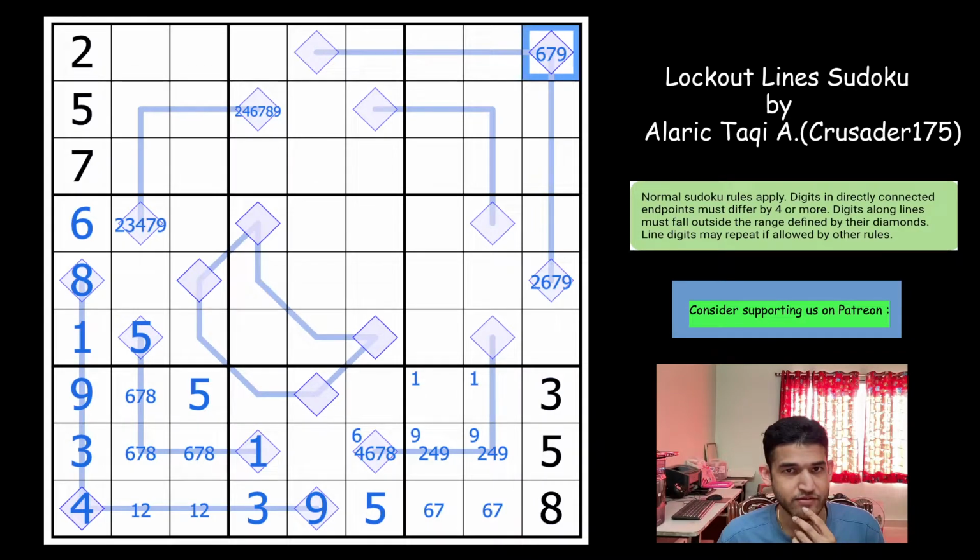If I have a 6 here, then the diamonds are not going to work, right? Because if I have a 6 here, this must be 1 or 2, both of which are ruled out. That's not a 6, that's a 2, 7 and 9. And similarly, if I have a 7 in this cell, then this is not going to work.